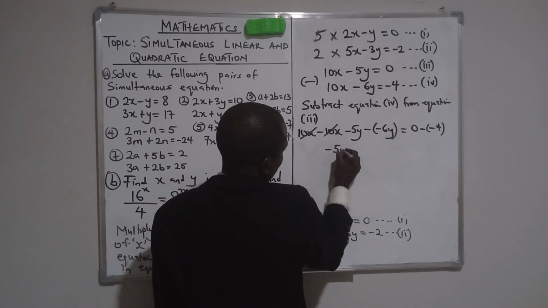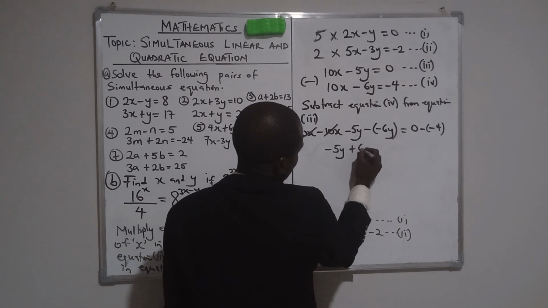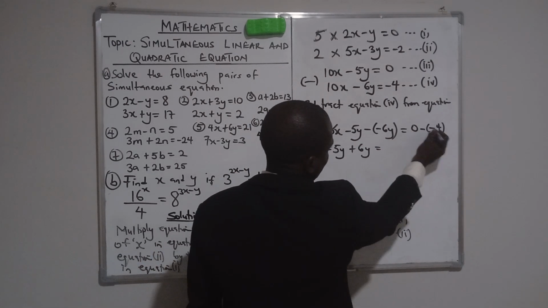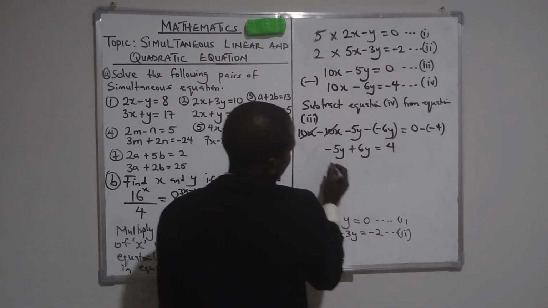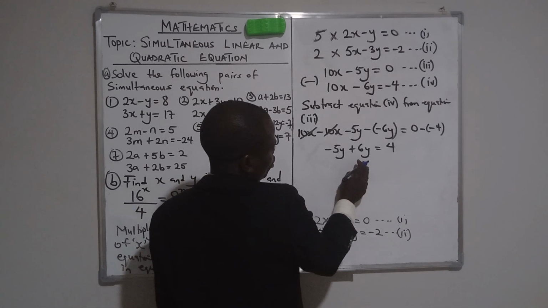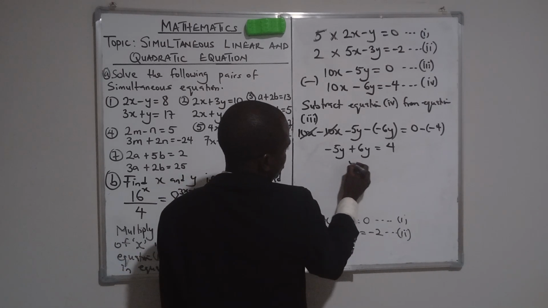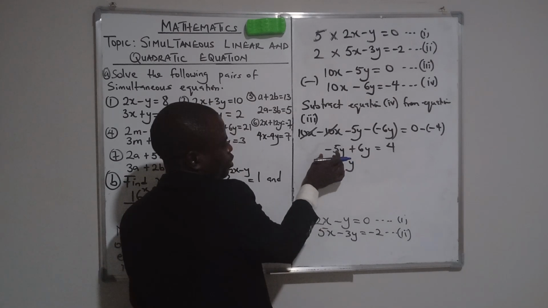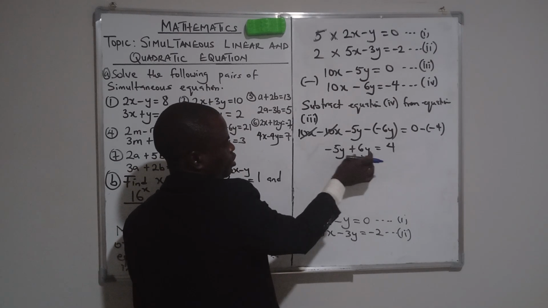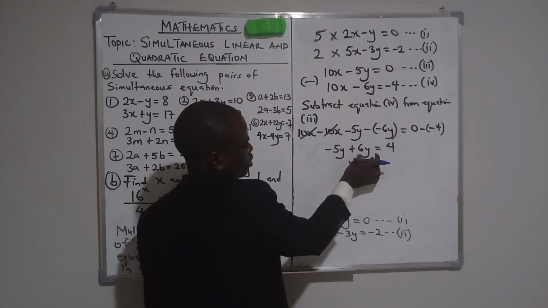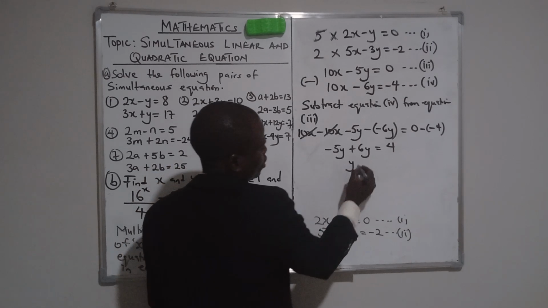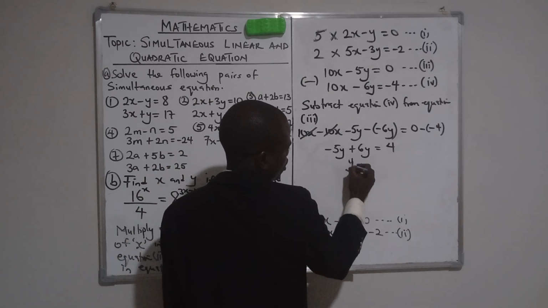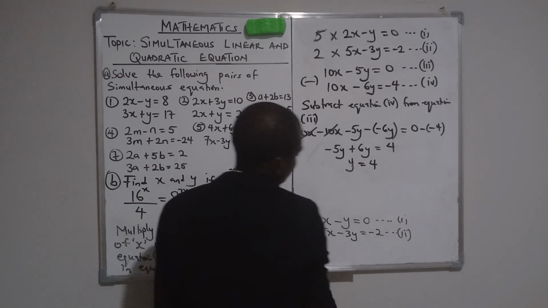Minus 5y plus 6y equals 4, because negative and negative is positive. Minus 5y plus 6y, that's y. Negative 5, when you take it away from 6, you're having 1 left. You're having y, which is equal to 4. Okay.